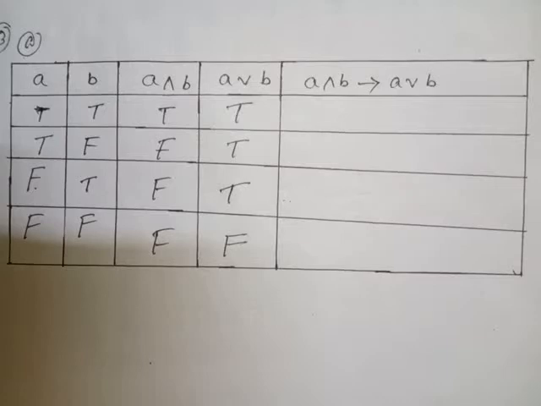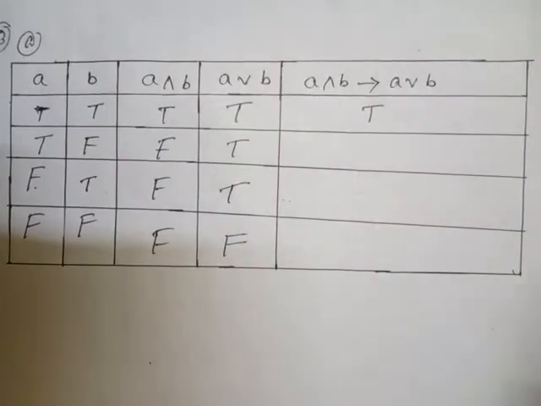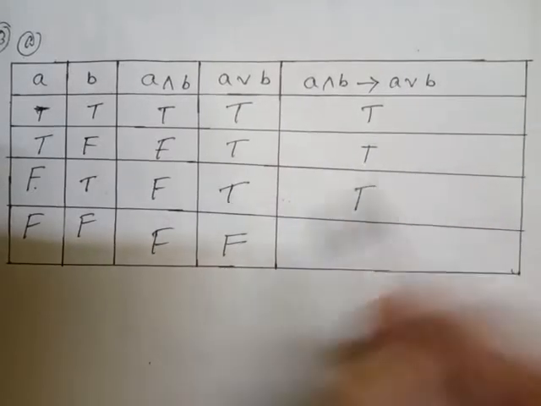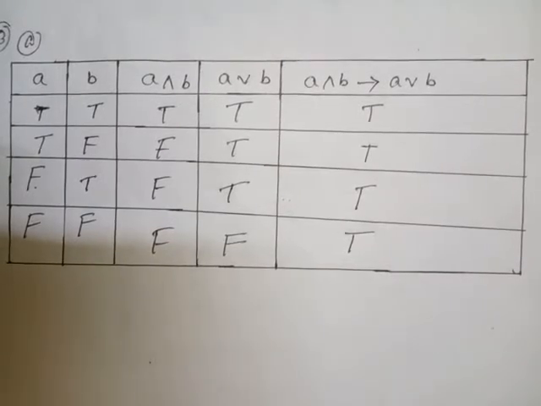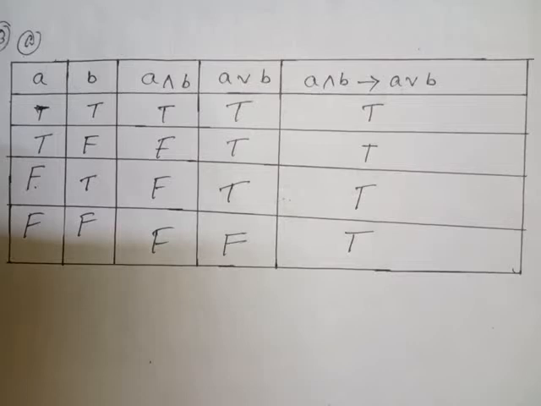Now according to the implication, student, true true is true, true false is true, false true is also true, and false false is also true. This is the implication of these two. Now according to the question, student, we need to prove whether this given condition is an implication or not.